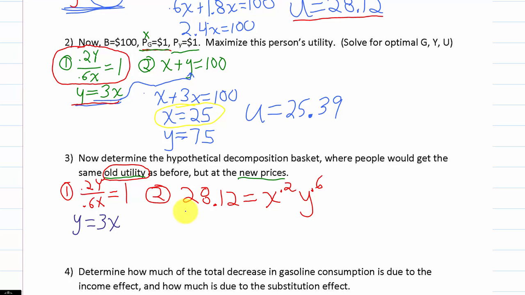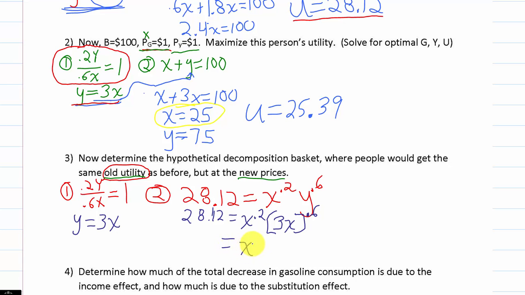So we have 28.12 equals x to the 0.2 times (3x) to the 0.6. You want to make sure that you raise both the 3 and the x to the 0.6, because if y is 3x, we want to raise everything that is part of y up to that exponent, the 0.6. Now distribute that exponent, the 0.6, to both the 3 and the x, so we can rewrite this way.